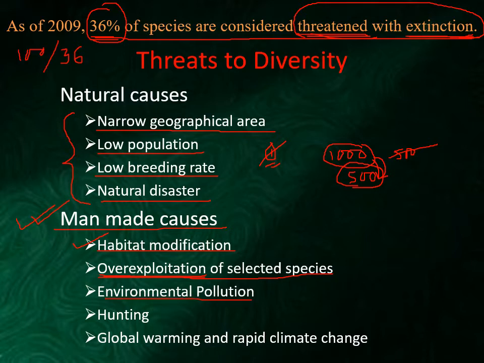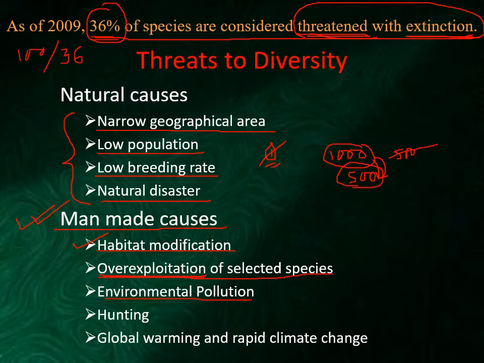We all know that starting from the industrial civilization, in many ways we put many toxic elements into nature. Those toxic elements may be very harmful for a particular habitat, a particular ecosystem, and a particular species.